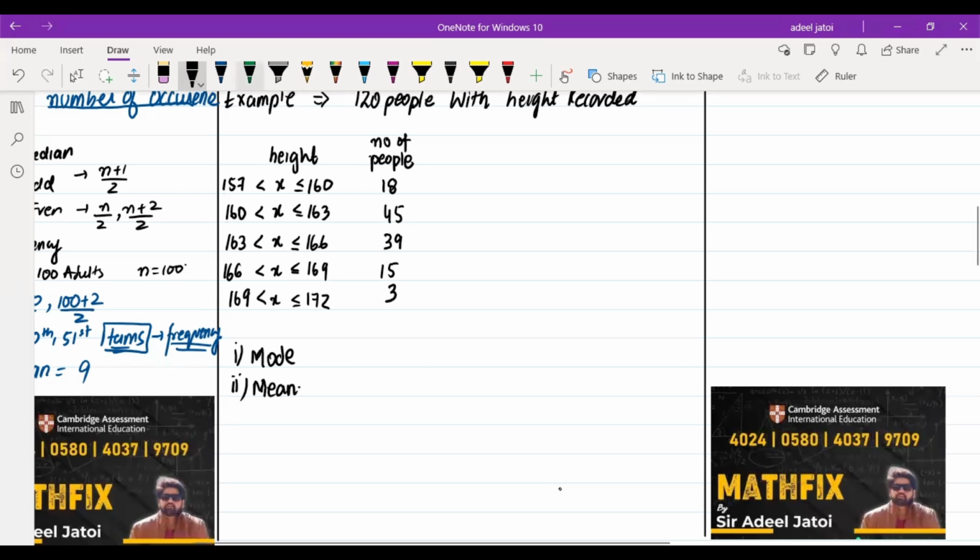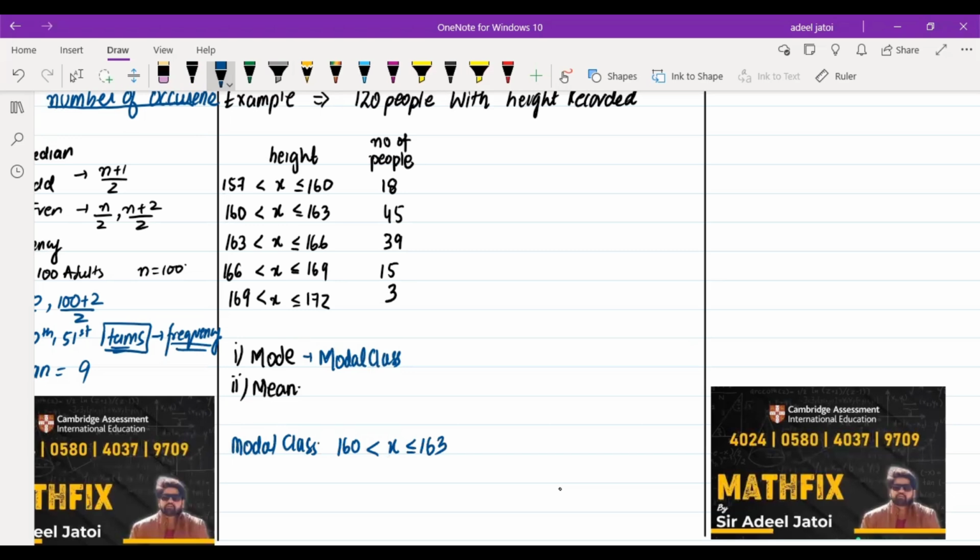For mode, you need to understand that your highest frequency will be your modal class, because you will be asked about the modal class. So your highest frequency is 45. So the modal class will be 160 less than x less than or equal to 163. This will be your modal class value.